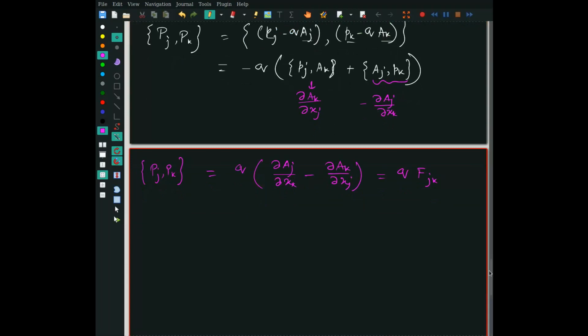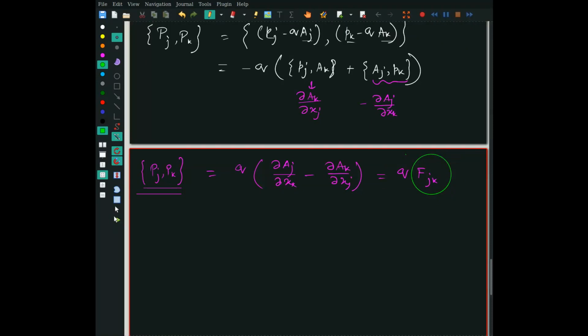You get the general idea that if you take the Poisson bracket between two of these weird momenta that I called my gauge covariant momentum, what you get is the field strength tensor, at least the space part of it. The temporal part we could not derive because we are still stuck with the non-relativistic version of classical mechanics. In general, the whole F mu nu can be derived.